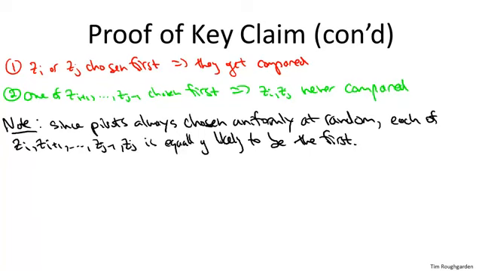And the bad case, the case that leads to a comparison, there's two different possibilities for that, if z_i or z_j is first, and the other j minus i minus 1 outcomes lead to the good case where z_i and z_j never get compared.